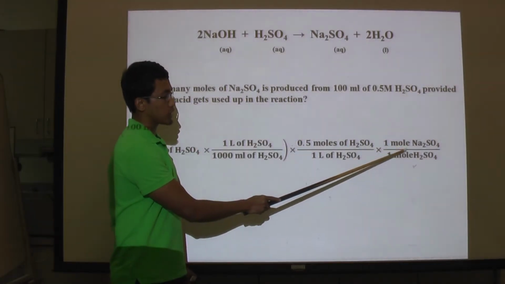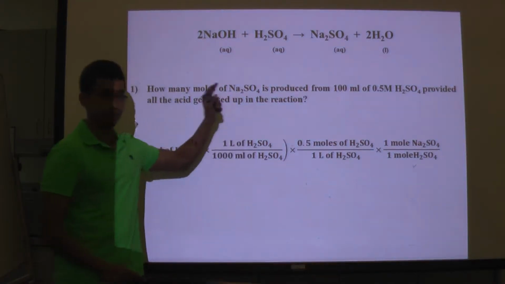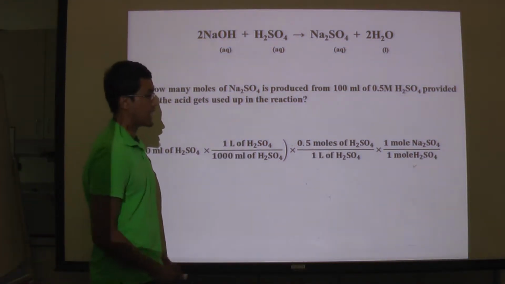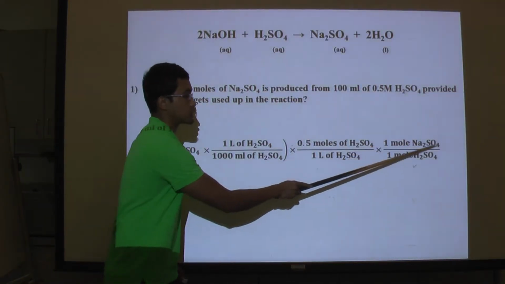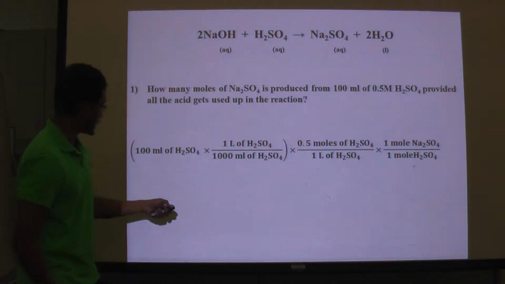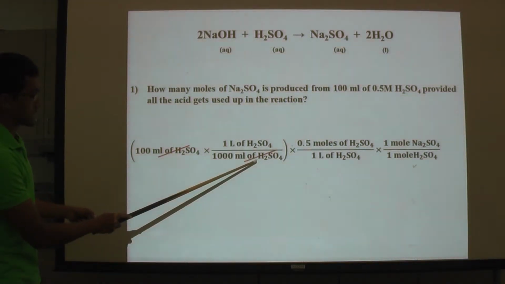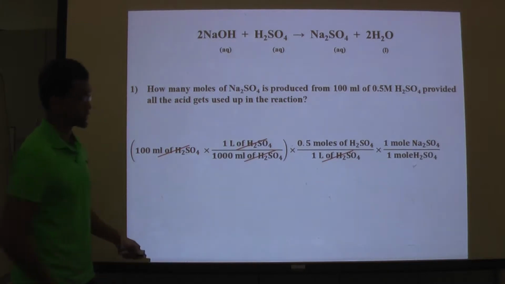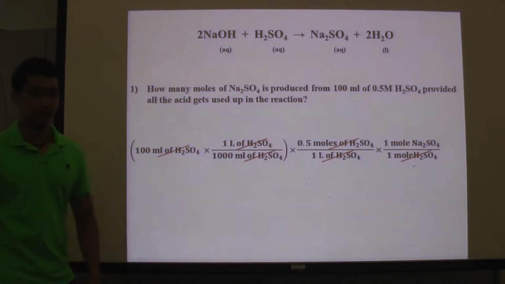So 1 mole of sodium sulfate is equivalent to 1 mole of sulfuric acid in this balanced chemical equation. If we multiply with that, as you can see, mole of sulfuric acid and mole of sulfuric acid will cancel out, leaving us with moles of sodium sulfate. So let's see how the units cancel out. We have milliliters canceling out, liters of sulfuric acid canceling out, moles of sulfuric acid canceling out.